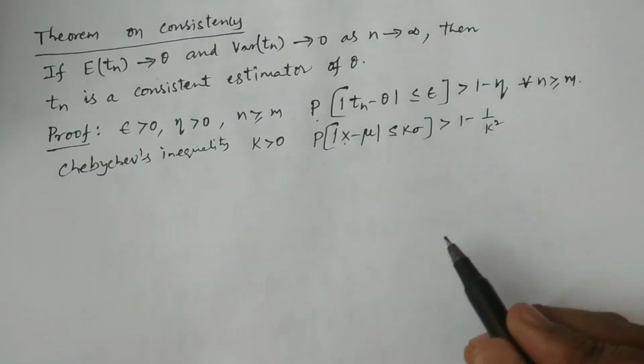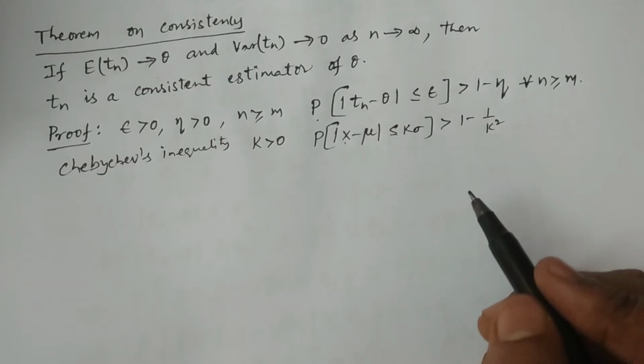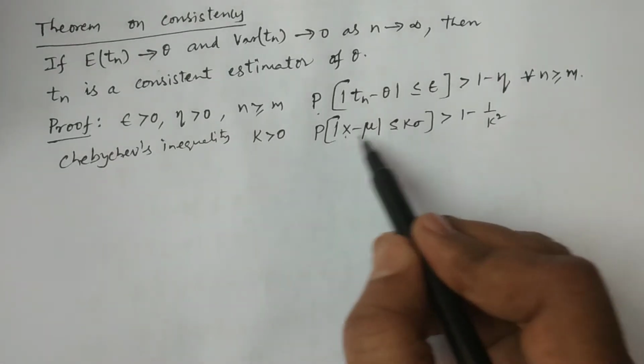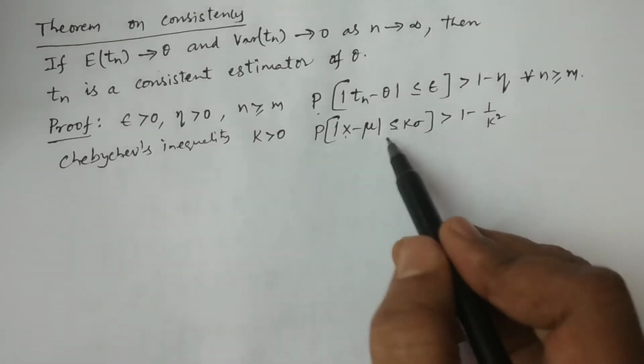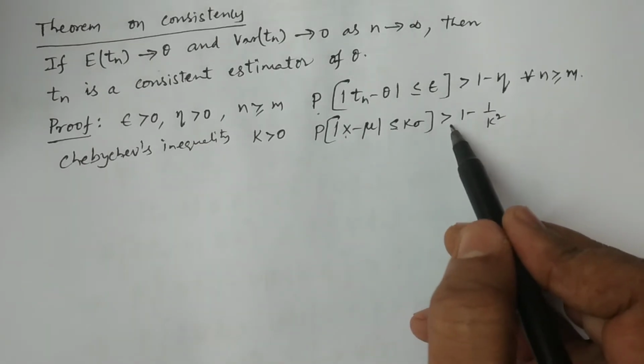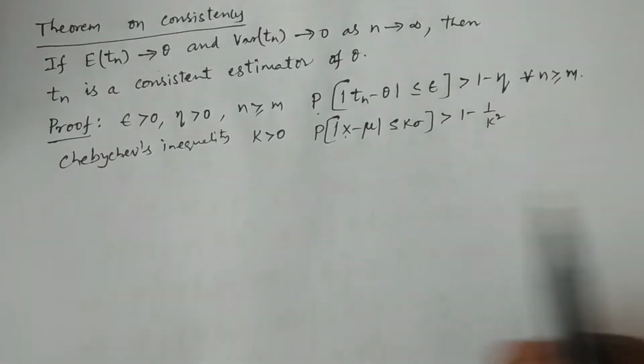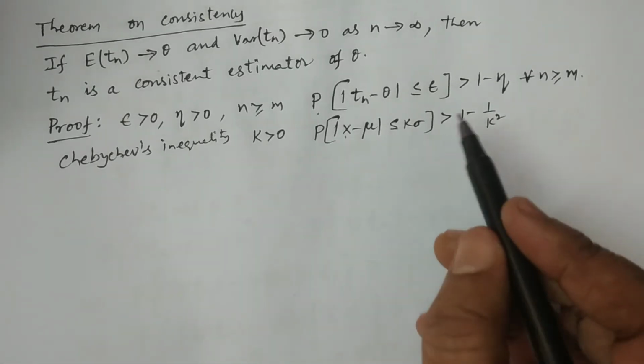This is Chebyshev's inequality. For example, x is a random variable with mean mu and variance sigma square, then probability of modulus of x minus mu less than or equal to k sigma is greater than 1 minus 1 by k square. This is Chebyshev's inequality.